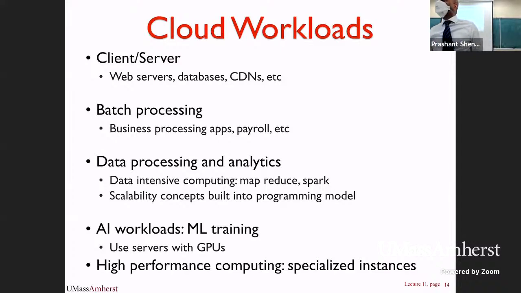In many cases, it's cheaper to rent cloud resources than get a supercomputing cluster, because that's going to be extremely expensive. So many HPC workloads are migrating slowly to the cloud as well. Quite a few of them still run on dedicated supercomputers, but increasingly it is becoming cost effective to run them in the cloud. So there is a variety of different kinds of workloads that you can run, and there are different kinds of models you can use to run them.